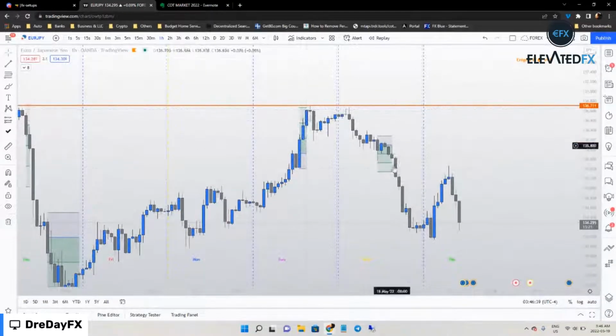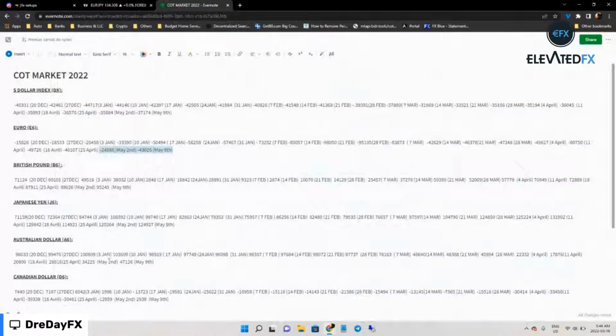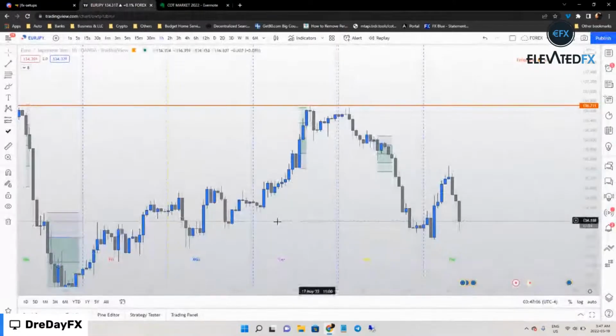That smashed TP3, then smashed TP3. Okay. So if we look at the Euro JPY, JPY here was 4,000, still, what was it? 19,000, right? So we expected big movement here for the week, and that's exactly what we had.